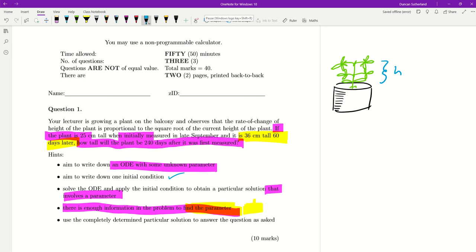My plant is growing, so I know this must be a function of time. From that, I deduce that my independent variable is time. My dependent variable is height.